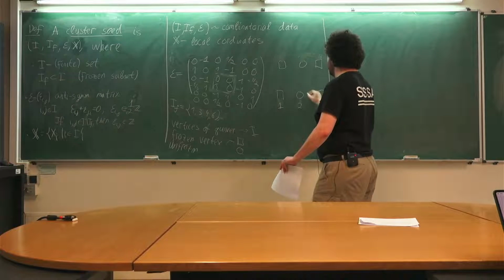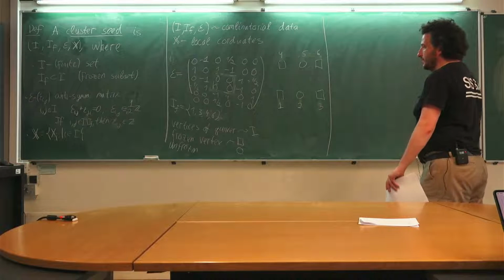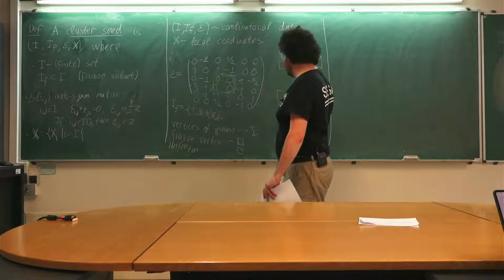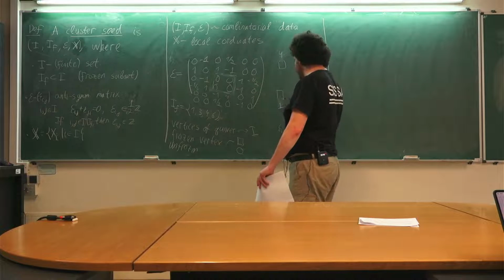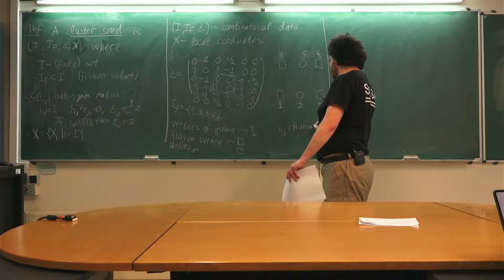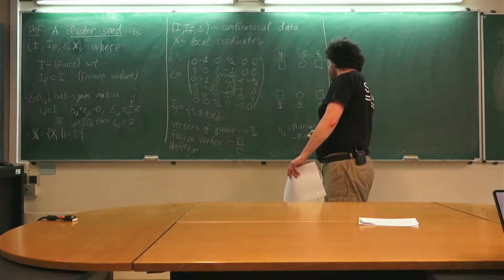1, 2, 3, 4, 5, 6. Now what's written here? Epsilon_ij encodes the number of arrows from i to j minus the number of arrows from j to i.